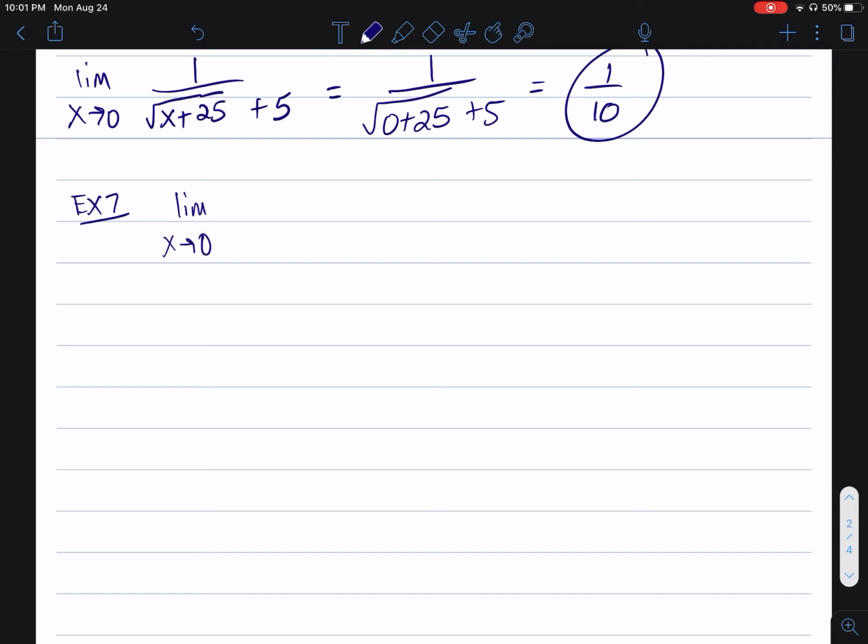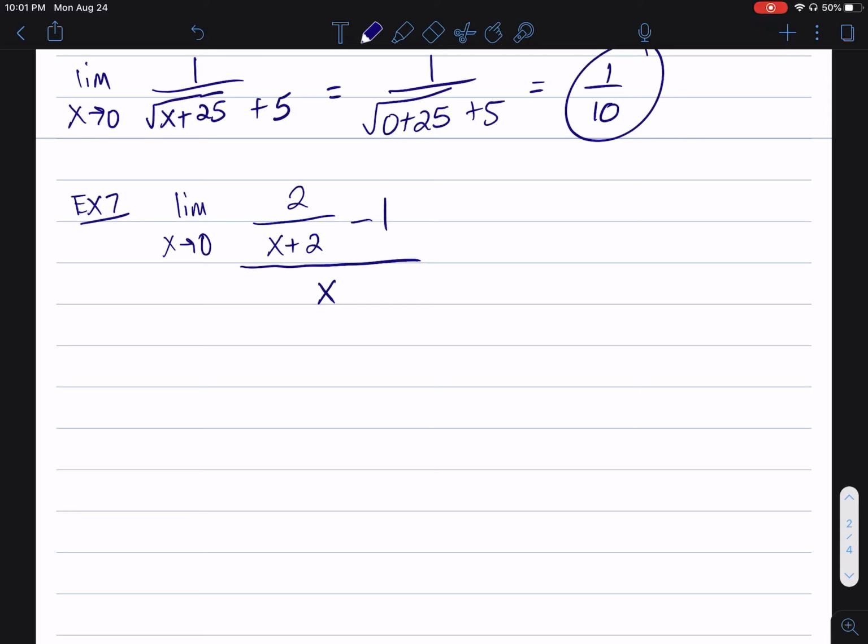Okay, then we're going to do the limit as x approaches 0 of 2 over x plus 2 minus 1 over x. So this is a scenario where we have a fraction within a fraction.